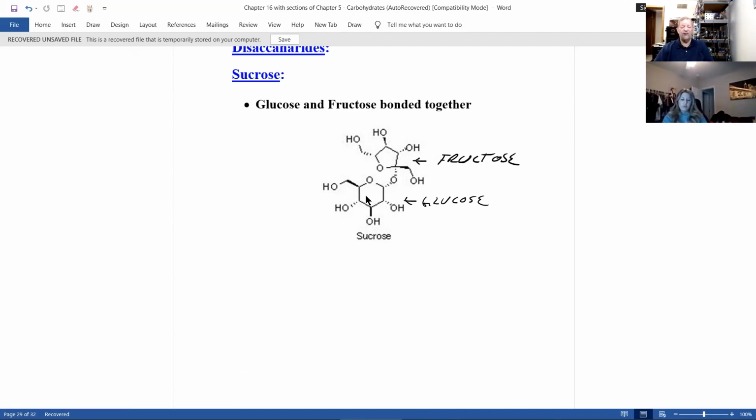And it forms the structure. And what you should know: sucrose is a glucose and fructose molecule linked together.